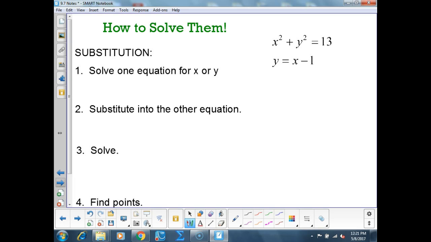So all three of those together make this a circle. So yes, this one here is a circle. Bottom one. What's the bottom one? It's a line. So we've got a circle and a line.